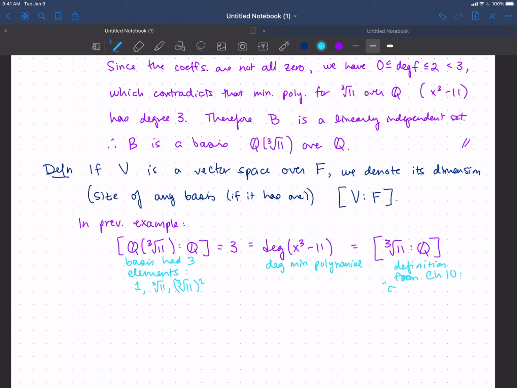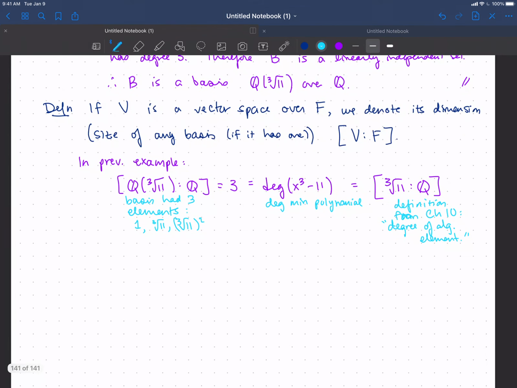It's the degree of the algebraic element. It just means find its minimum polynomial, take that degree, and that is now the degree of your algebraic element. So it's not a coincidence that when we are looking at an algebraic element, the degree and the dimension are the same number. And that's our next proposition.